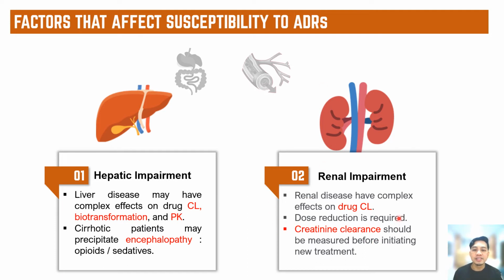Renal disease has complex effects, especially on drug clearance. So they require dose reduction, and you need to monitor the creatinine clearance prior to initiating any treatment, especially drugs that are excreted in the renal.